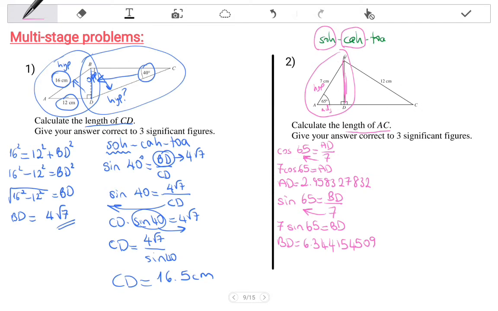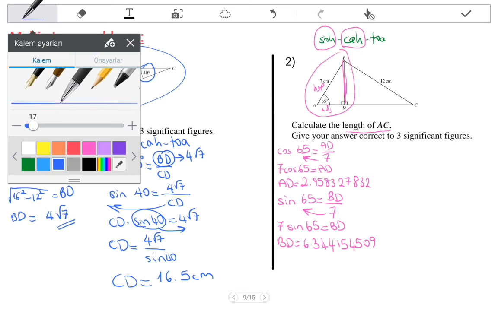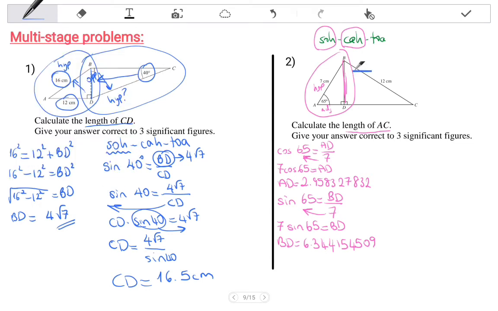Then from triangle BDC, I can find the length of DC. Before doing this, I want to change my pen's color. Okay, because I know BD, the length of BD, and I know the hypotenuse, I am going to use the Pythagoras theorem in this triangle BDC to get the length of DC.